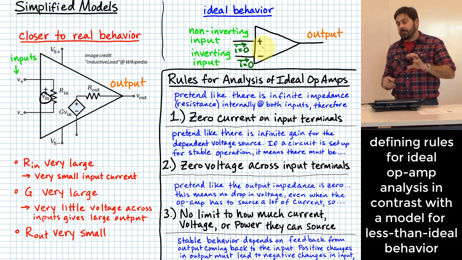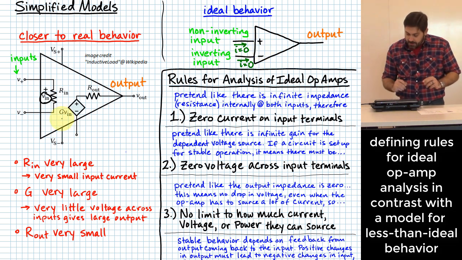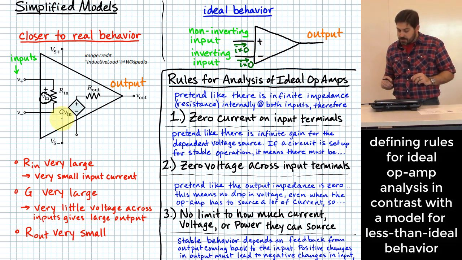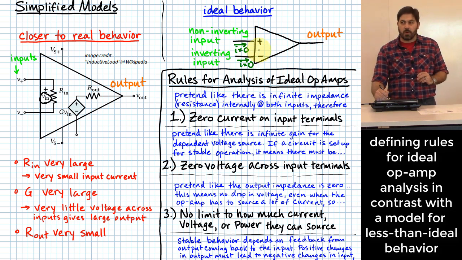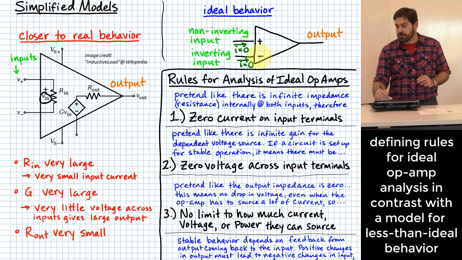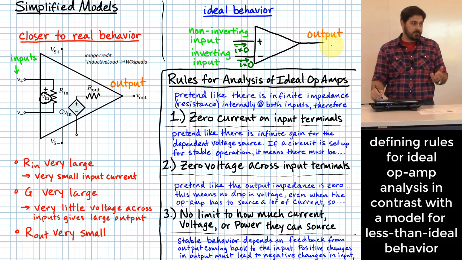But if you hook up a circuit that allows this thing to be stable, by assuming you have infinite gain on the dependent voltage source, that is going to mean that you must have 0 volts across the input terminals. Or else what? What if you had a non-zero voltage across the input terminals and an infinite gain? How much output would you have? You'd have to have an infinite output, right?